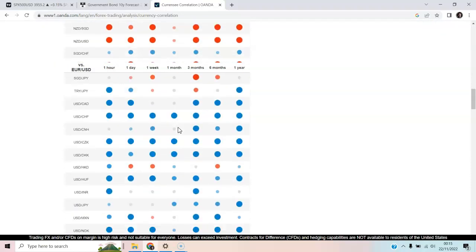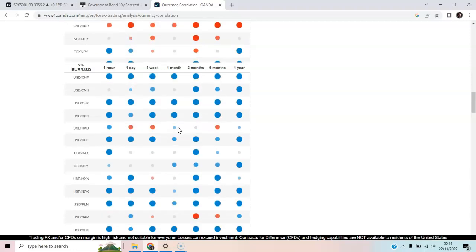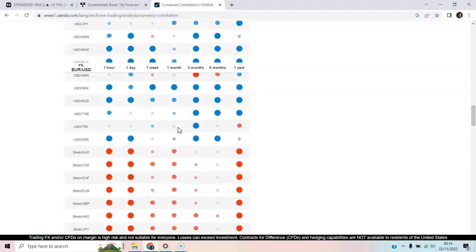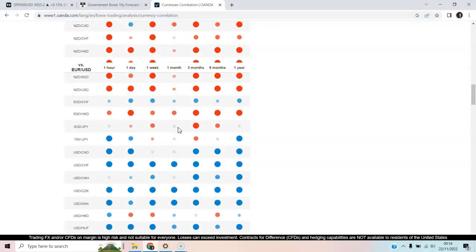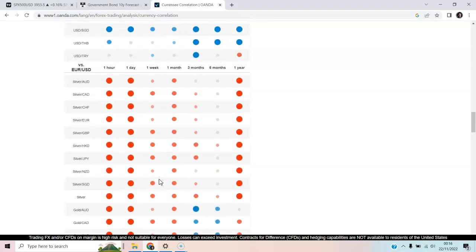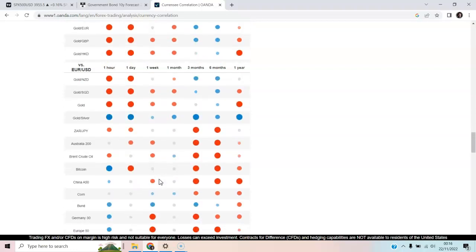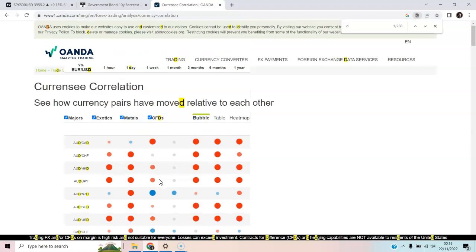Let's see if we've got just the US dollar, by itself rather than as a currency pair. US dollar by itself is not under the currencies, so I'm wondering if I do a quick search. But just to show you this heat map, which is really handy.